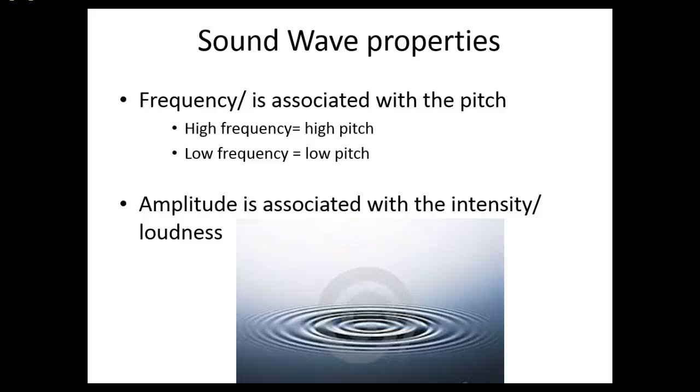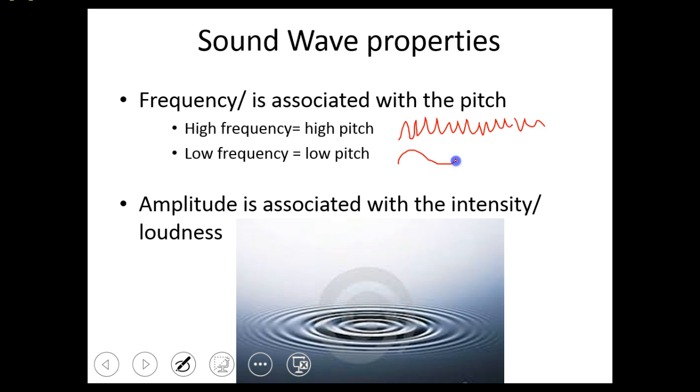When you have very high frequency waves, high frequency, by the way, means short wavelength, so I get lots of waves in a second. Low frequency means longer wavelength, and so I get fewer waves in a second. High frequency sound waves have a high pitch, right, like a woman's voice. And then very low frequency sound waves have a low pitch, like a baritone in a choir.